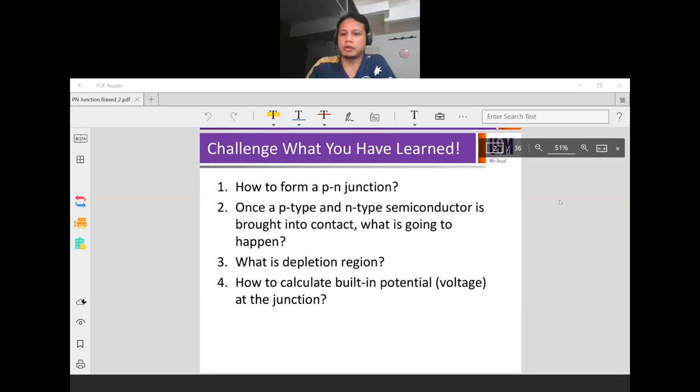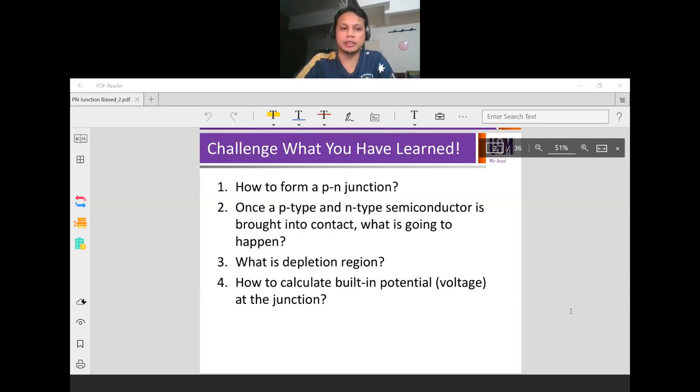What about, okay, depletion region created. Depletion region created. All right. Where do we have the depletion region? Do we have it throughout the P and N semiconductors? At the contact area, right?